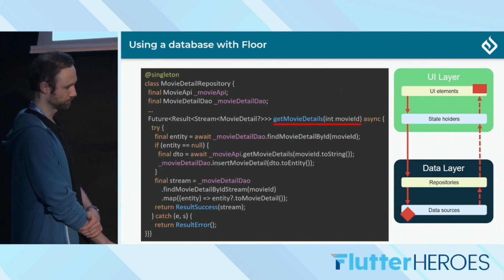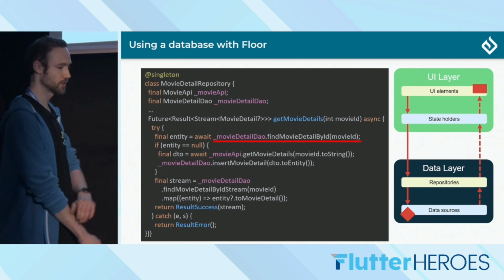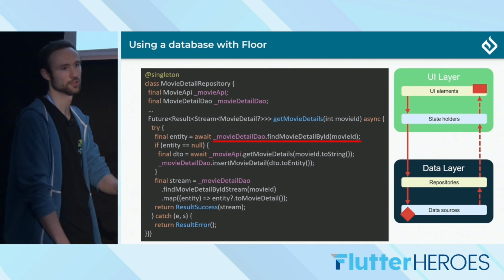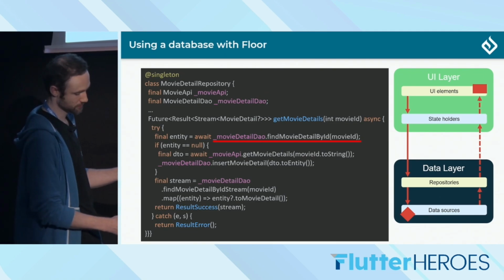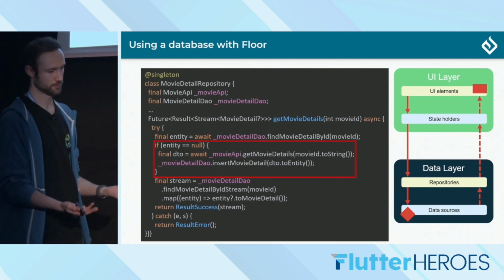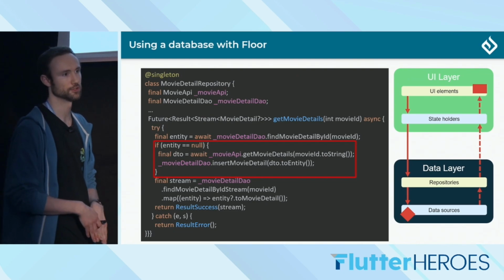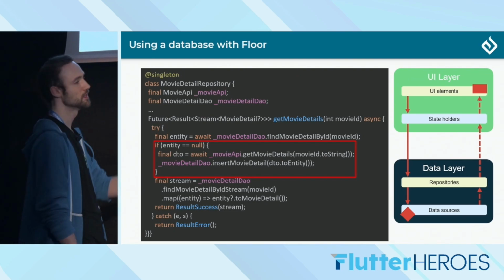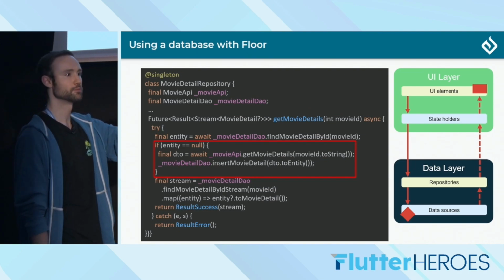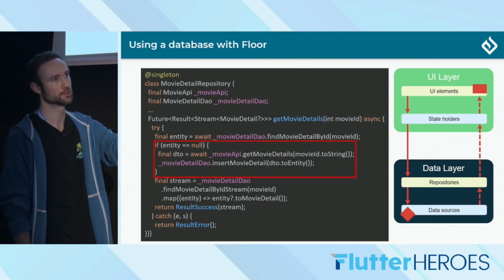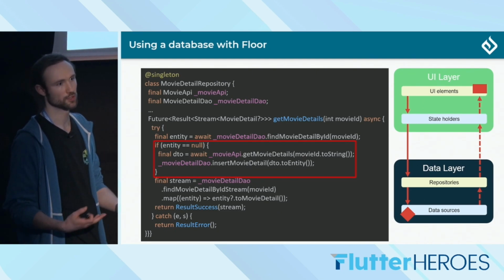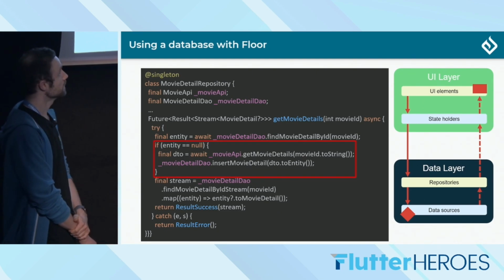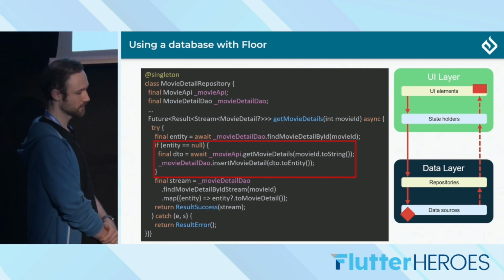In the first part, we are going to our database and check if this movie detail already exists locally. If that's not the case, then we go to our API, get it, and then store it locally. Because for this movie detail, it makes sense to store it in a database, because if you go inside the movie details, then back to the list, then again in the movie details, then we don't want to load them again from the network, we want them cached locally, so it's not too much of a heads up. So that's why we are then storing it inside the database.